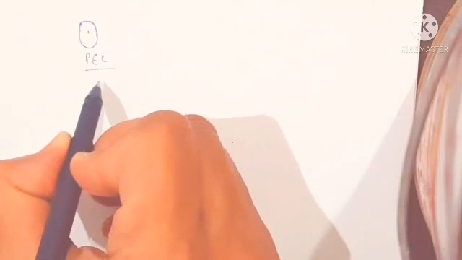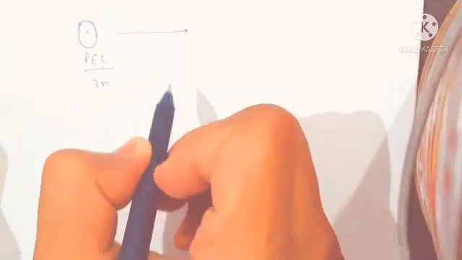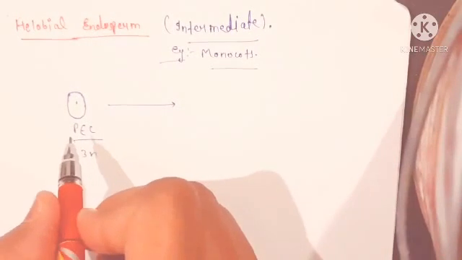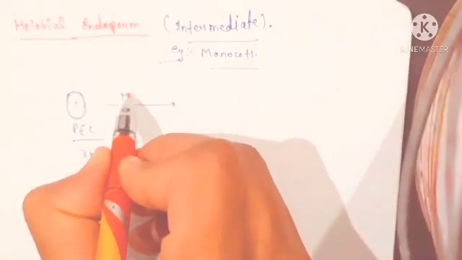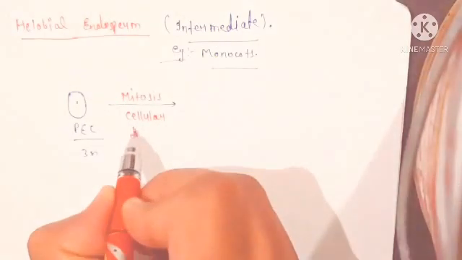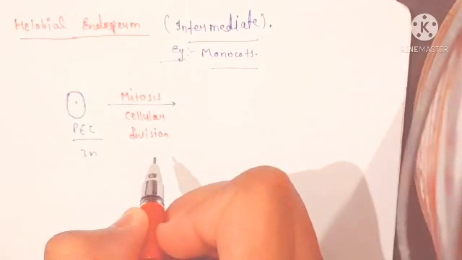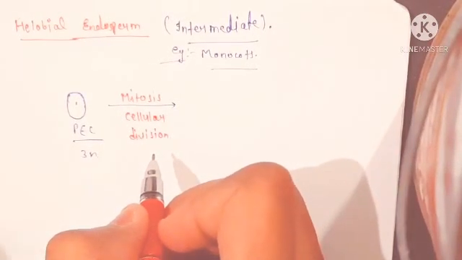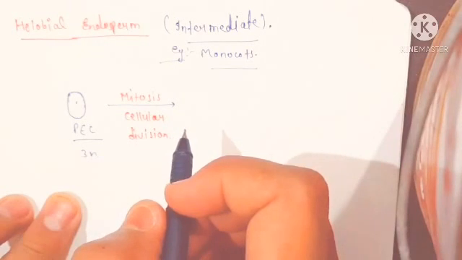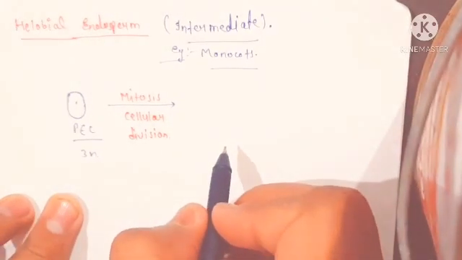So what happened in this? In halobial endosperm, in the primary endospermic cell, mitosis and cellular division take place. There is formation of free nuclear division.